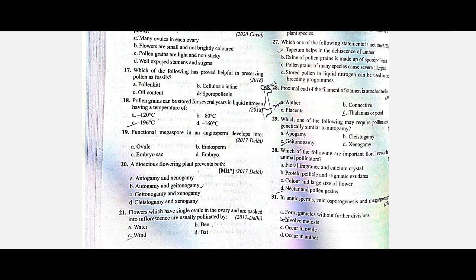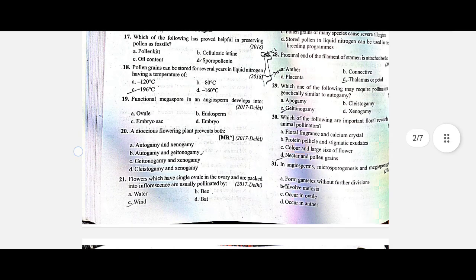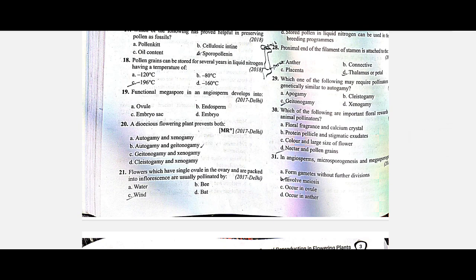Proximal end of filament of stamen is attached to the? Answer is thalamus or petal. Question 29. Which one of the following may require pollinators, genetically similar to autogamy? Apogamy, cleistogamy, geitonogamy and xenogamy. The answer is option number C, geitonogamy. Question number 30. Which of the following are important floral rewards for animal pollinators?